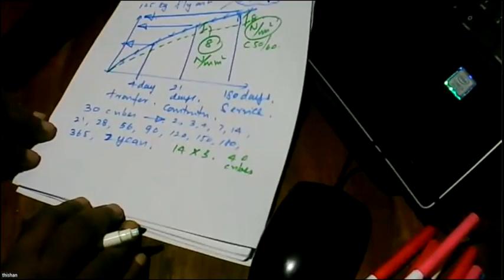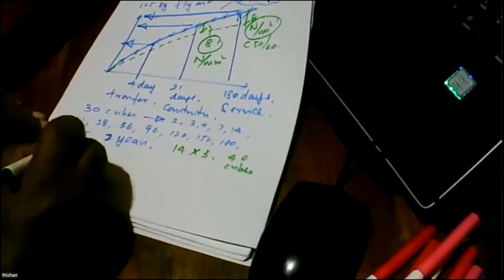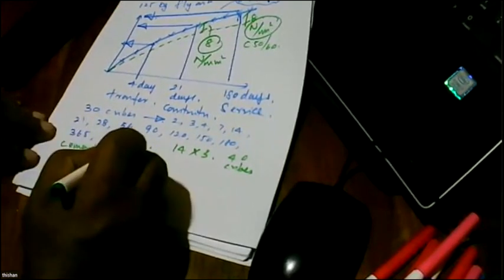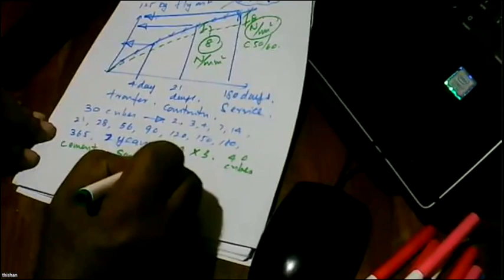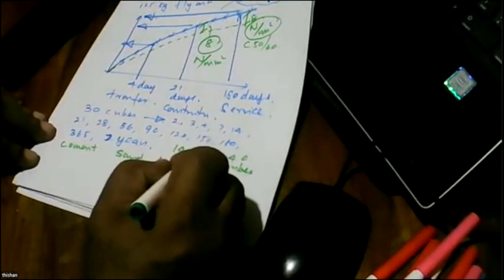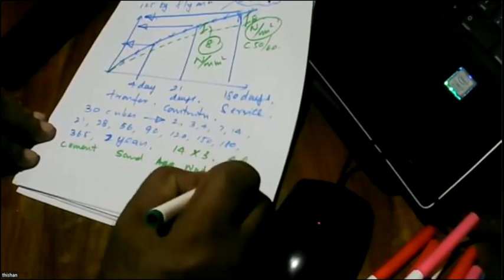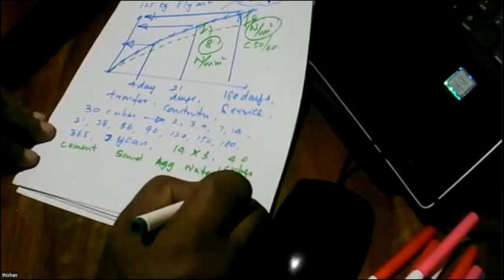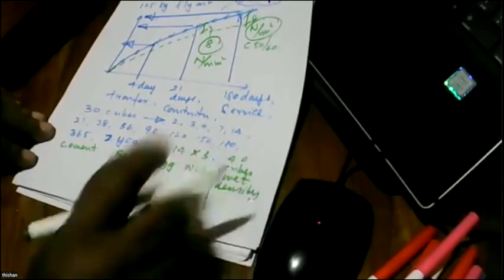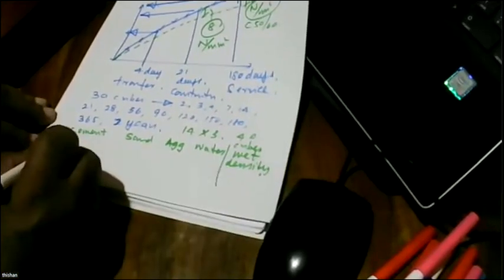If you are going for something like C60, that is 60 megapascal concrete, you have cement, sand, aggregates, water, and then you get the density.